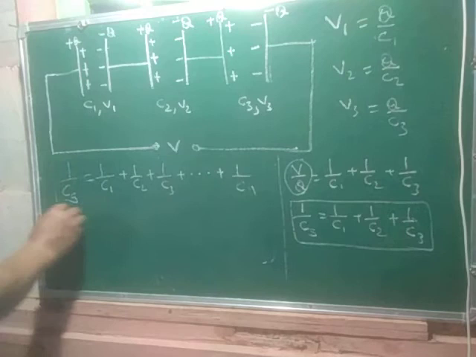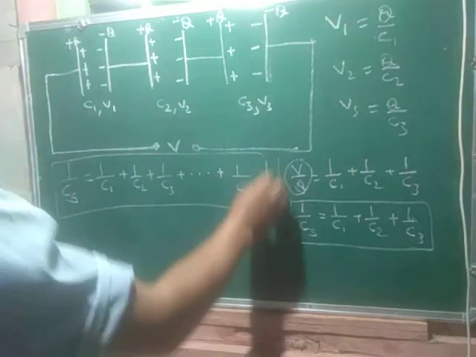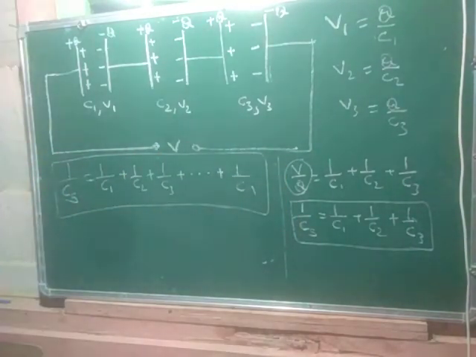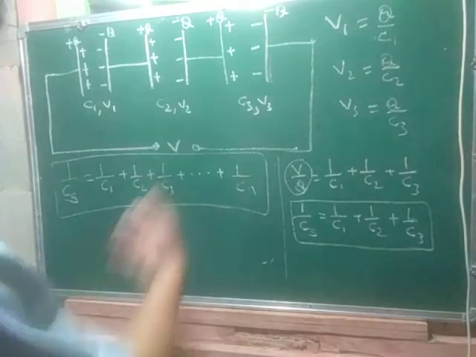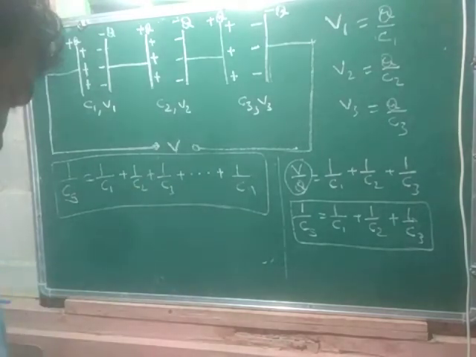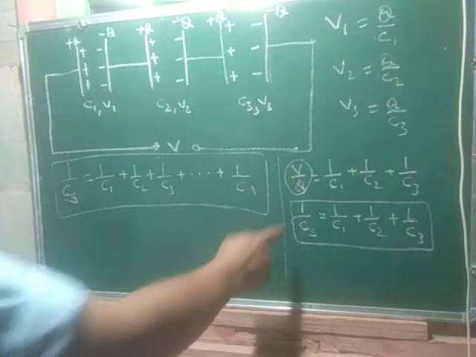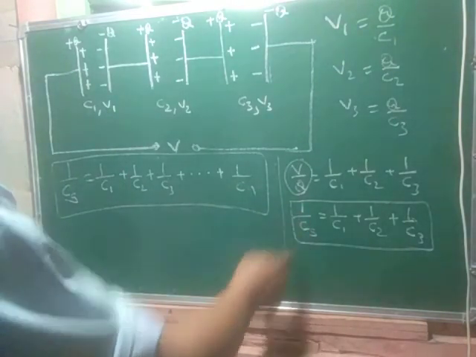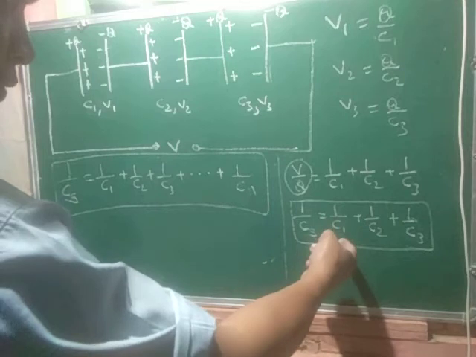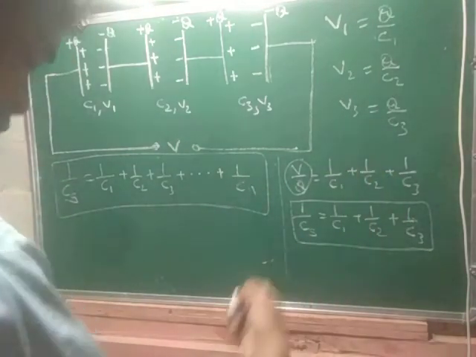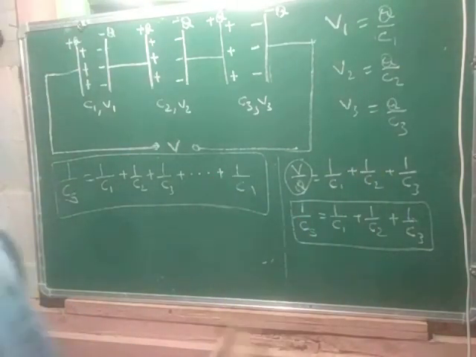This is the equation for the equivalent capacitance of n capacitors connected in series. A point to be noted is that the reciprocal of the equivalent capacitance is equal to the sum of the reciprocals of the individual capacitances.